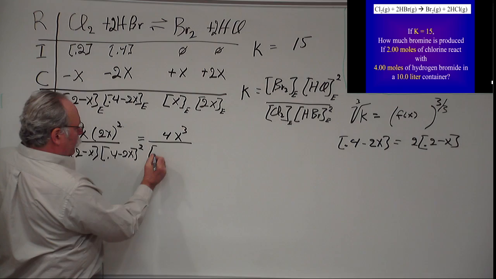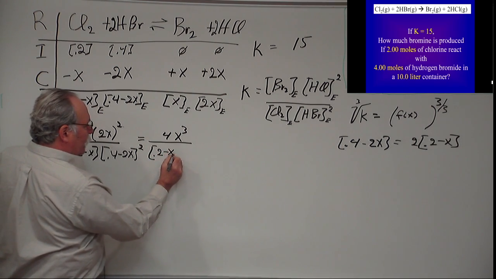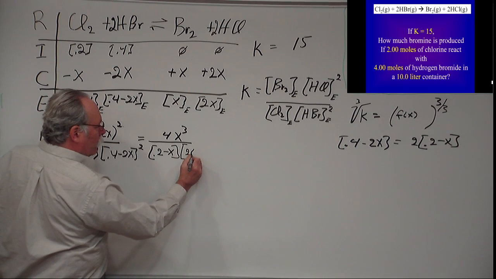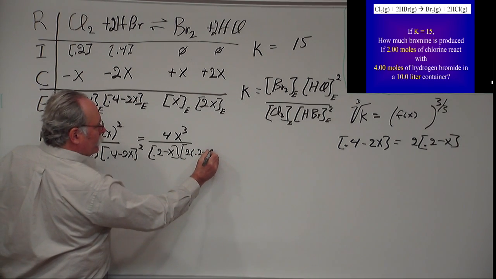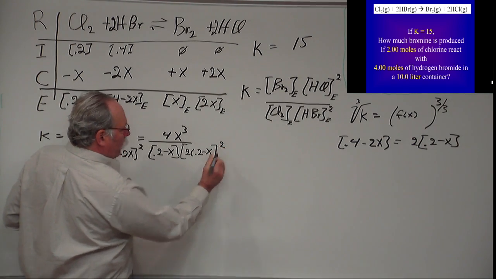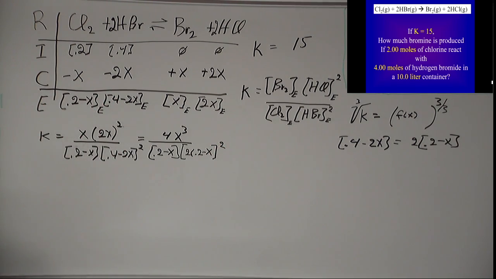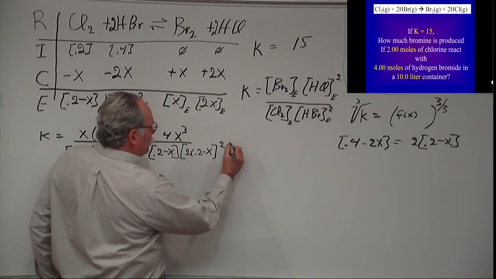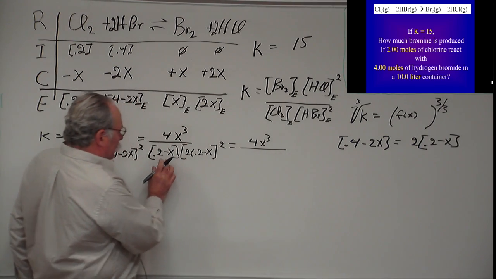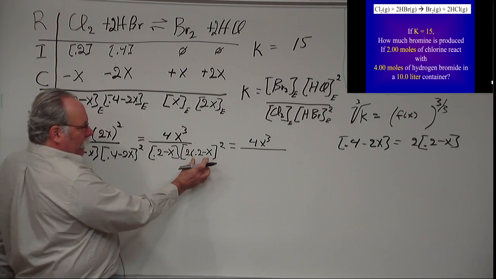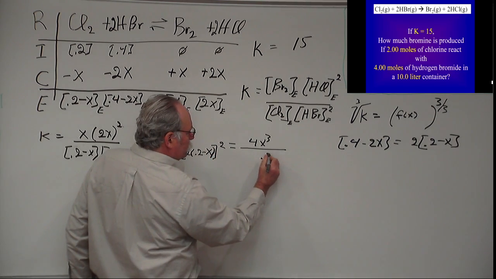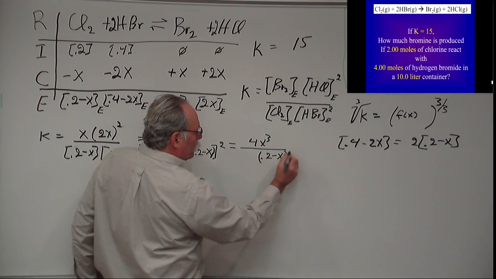I have a (0.2 minus x) times a 2 times (0.2 minus x) all squared. Now, I can rewrite that as 4x cubed over (0.2 minus x) times (0.2 minus x) squared, which is (0.2 minus x) cubed.